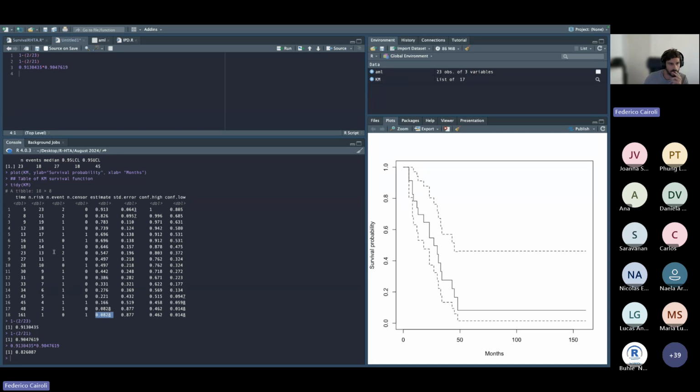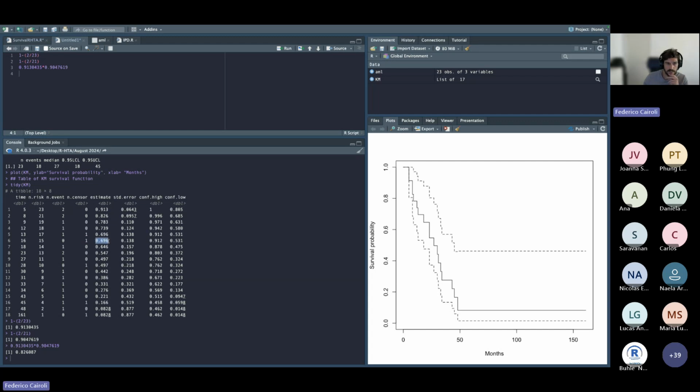One more important thing here is that, for example, at month 16, we didn't have any event, so there was no death at all, but we lost one patient. You're going to see that the survival probability is exactly the same, because this patient is maybe still alive, but we just lost this patient. This patient is not dead.